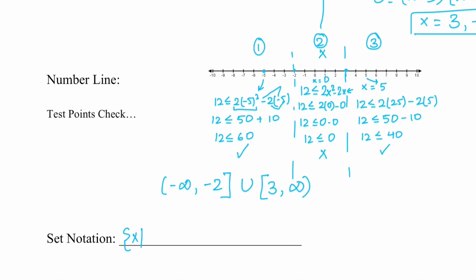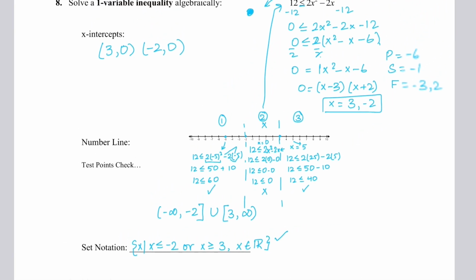So in my set notation, it's going to be x is less than equal to negative 2 or x is greater than equal to 3, x in the real numbers. Okay, make sure you know how to write this down in set notation.